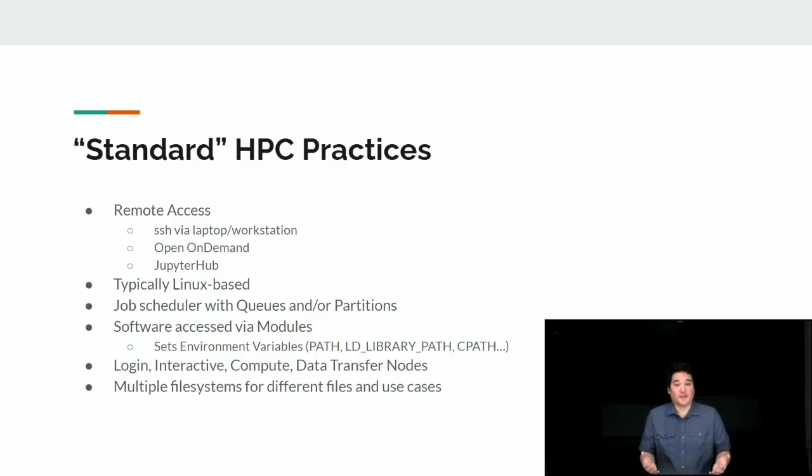There's usually multiple different types of nodes. There's going to be your login nodes, which is where you log in, obviously. Sometimes there's interactive nodes. There'll be some way to get an interactive job or interactive access to a compute node. So maybe you do need to compile on it or run some debugging in an interactive way, and not just have to wait for results to come back.